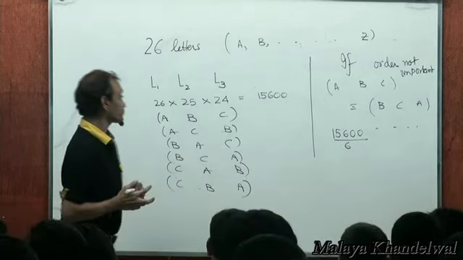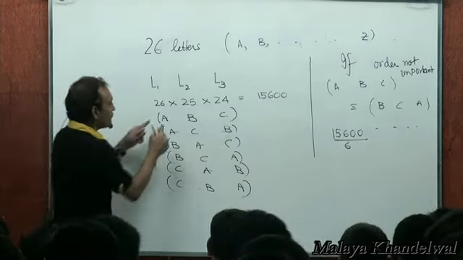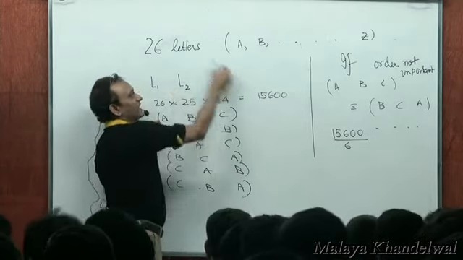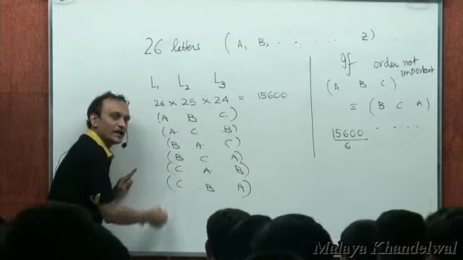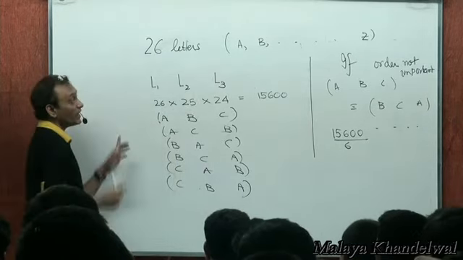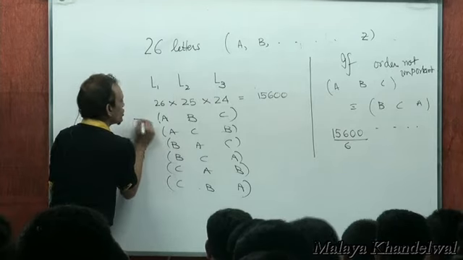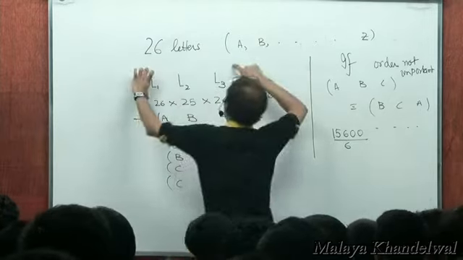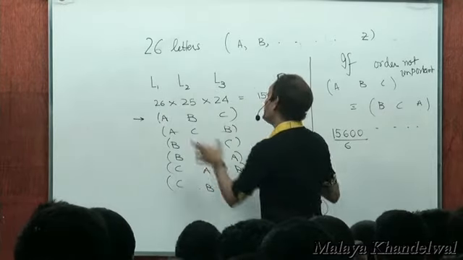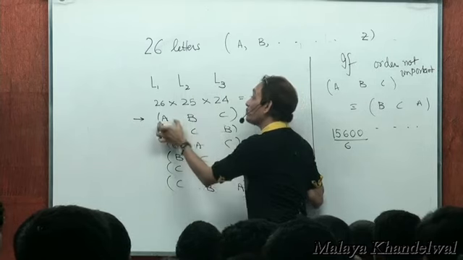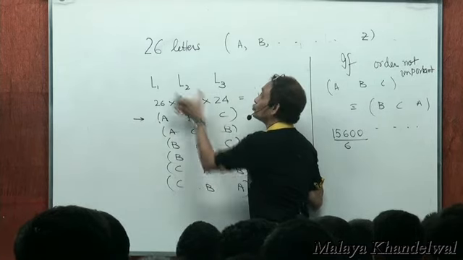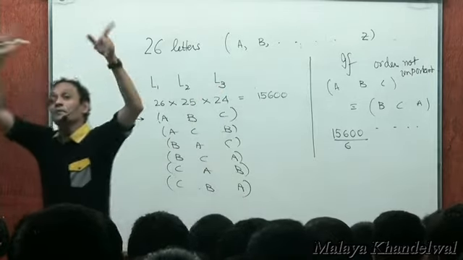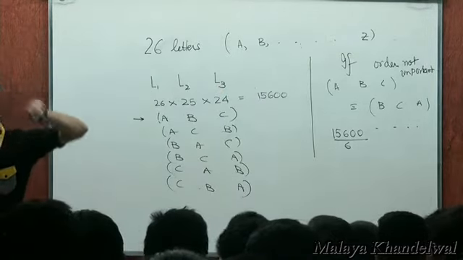Now, why this 6? This 6 because, say if I selected any 3 elements to create this word and made all possible arrangements of these, for example, a choice of ABC to be arranged in L1, L2, L3. Now every time 3 were selected, the number of ways in which 3 letters could be arranged in 3 spaces would be 3 factorial. If there were r people in r spaces, then r factorial.